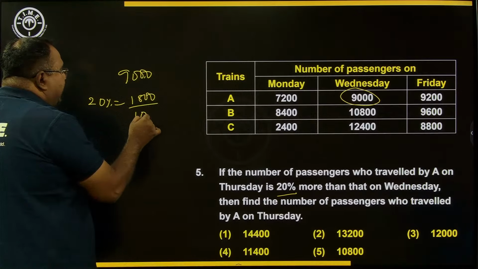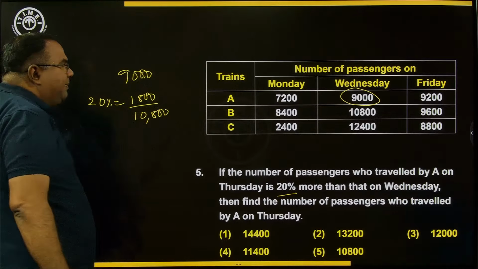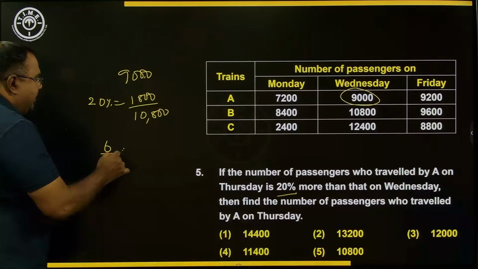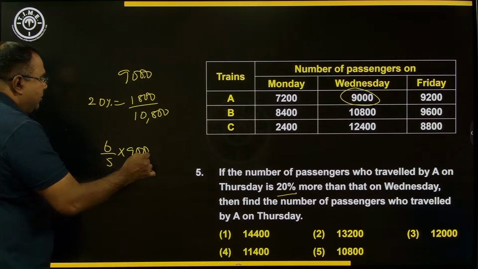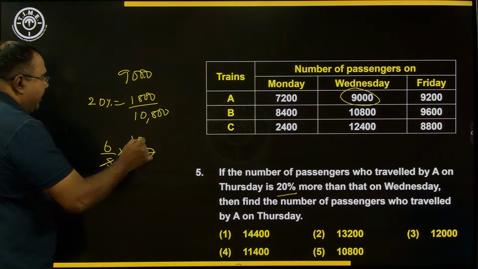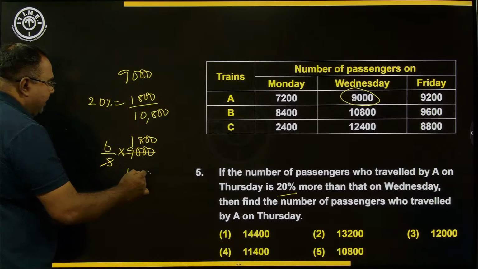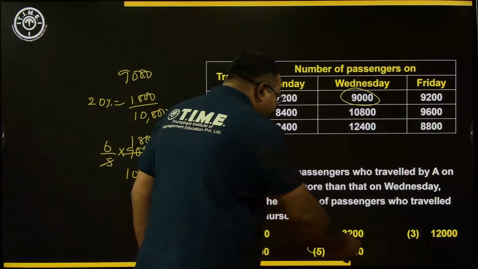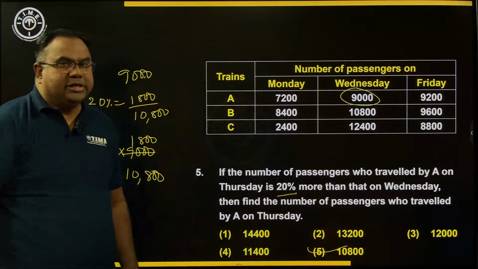So, 10,800. You can also do it like this. It should be 120%. 120% means 6 upon 5 of 9,000. 1,800 into 6, it is 10,800. 10,800 is present in choice 5.